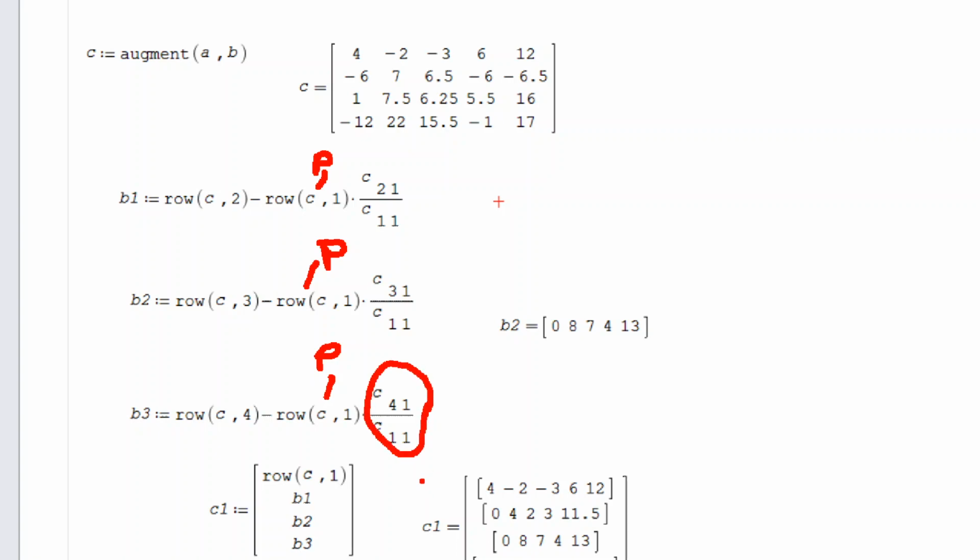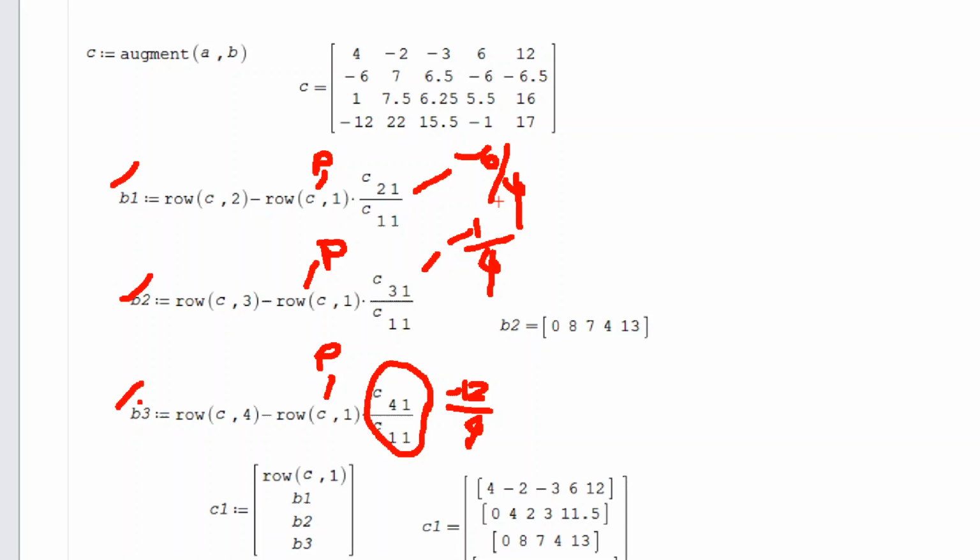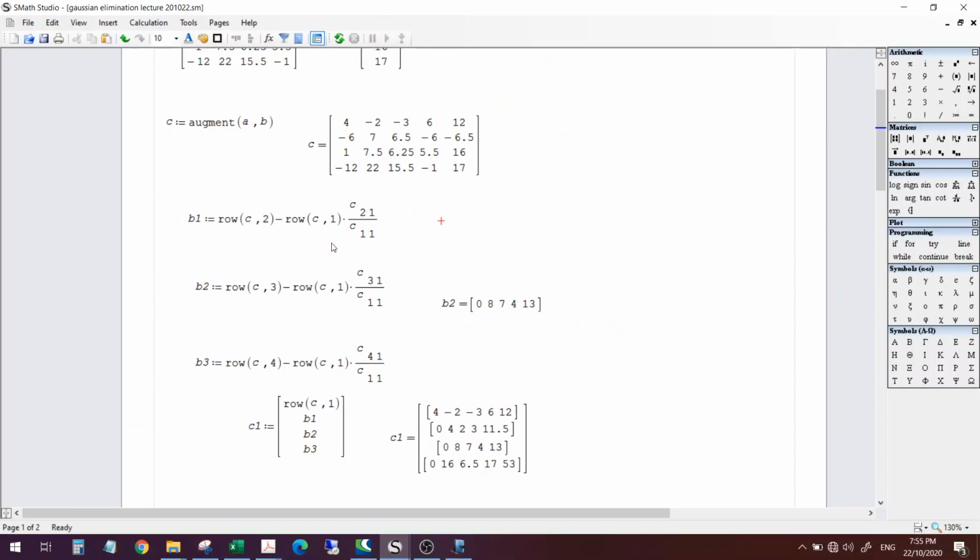So in our manual calculation, that is actually -12 over 4. Here, this is actually -1 over 4. While here, this is actually -6 over 4. So I assign that new row as B1, B2, B3 respectively.